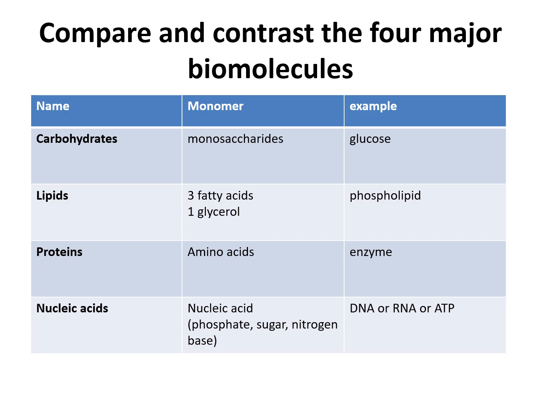If you're RNA, you have ribose as your sugar. If you're DNA, you have A, T, G, and C as your nitrogen bases. If you're RNA, you have A, U, G, and C for your nitrogen bases. A third example of a nucleic acid, because of its building blocks, is ATP.